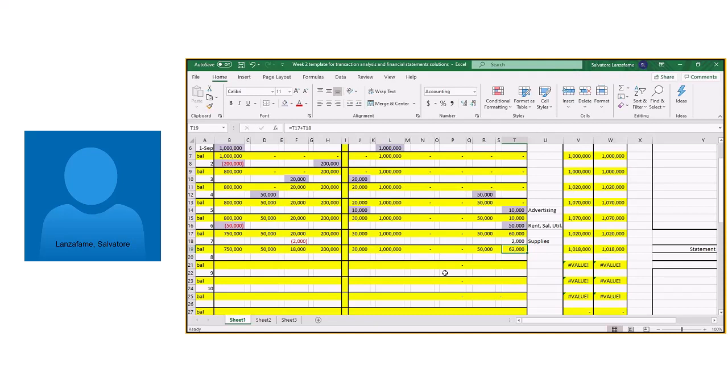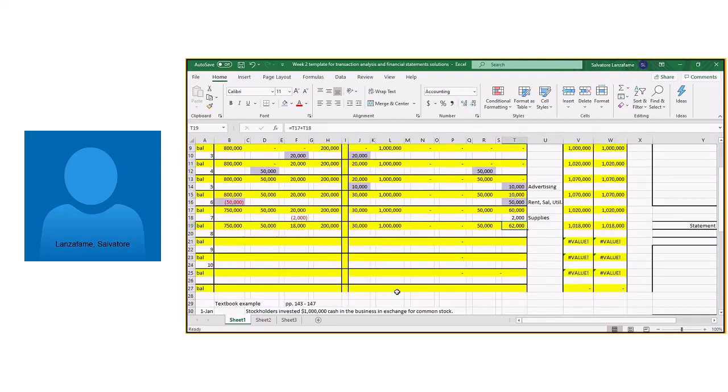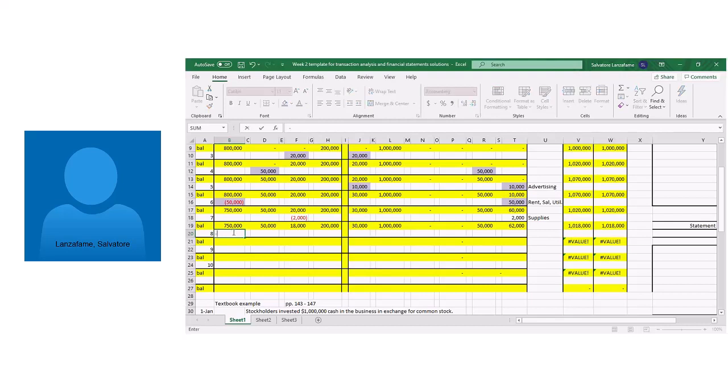All right, let's look at the 8th transaction. The 8th transaction says, hey, we paid $10,000 on account. So remember we owed 30? We're going to make a payment of 10. So your cash is going to go down, because how else are you going to pay for it?